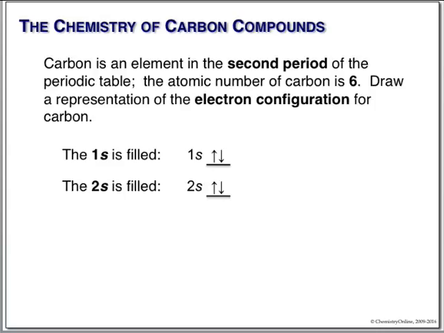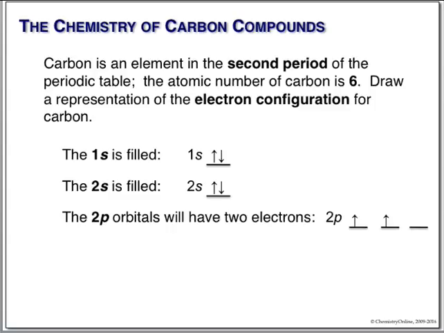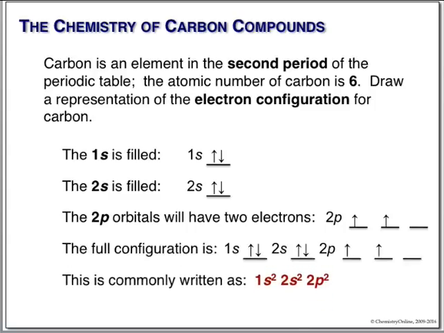The 2s, here with lithium and beryllium, is filled. And now we have 2 electrons over here in the P's, 1, 2. Put together, it's going to look like this: 1s2, 2s2, and 2p2.